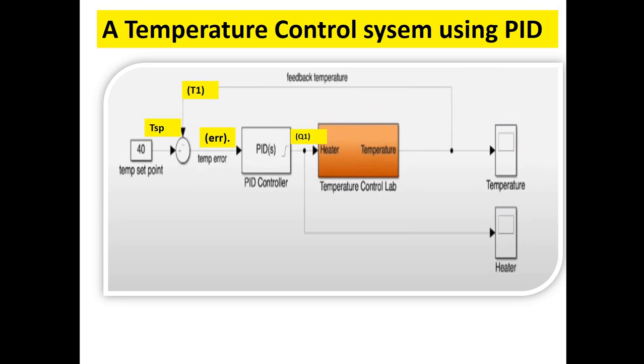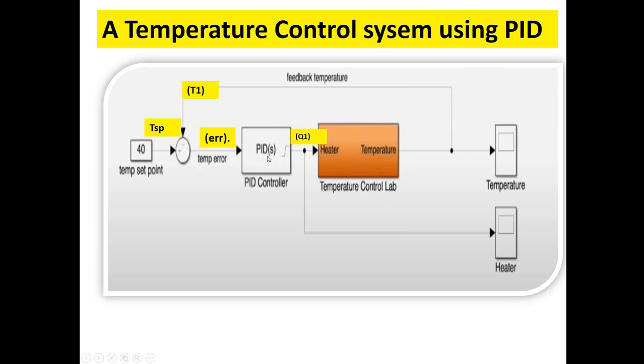As you can see on the screen, a general temperature control system using PID looks like that. There is a set point which we call TSP. There is a process variable called T1, and the error between these is ERR, which is the difference between TSP and T1. That goes into the PID system.